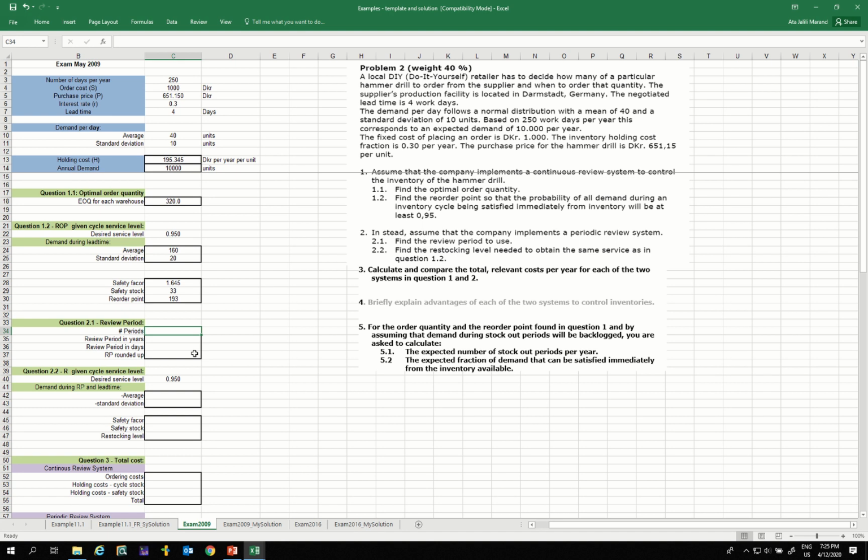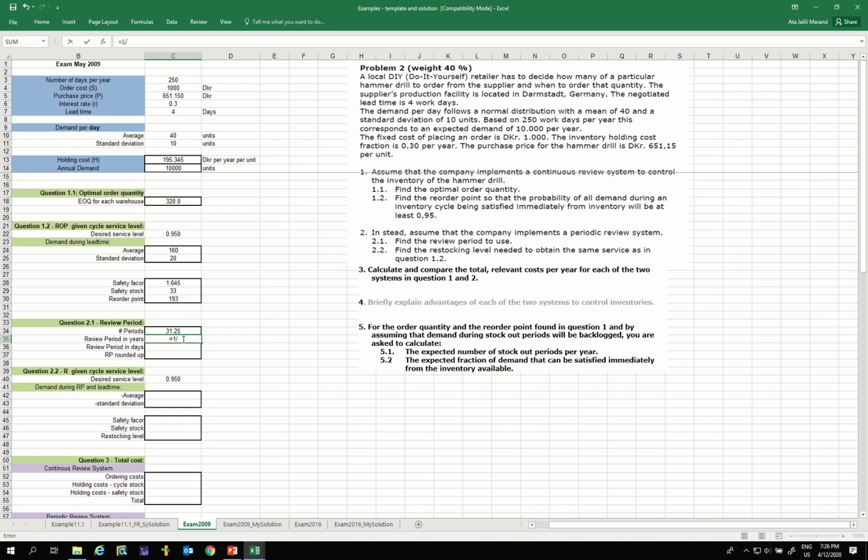Here, first we'll calculate the number of periods that we have each year. So it is the demand divided by EOQ. It is the number of cycles per year, and if we invert it, it will give us the duration of each cycle in years.